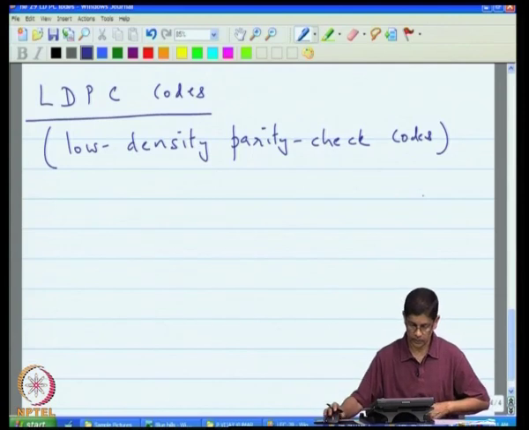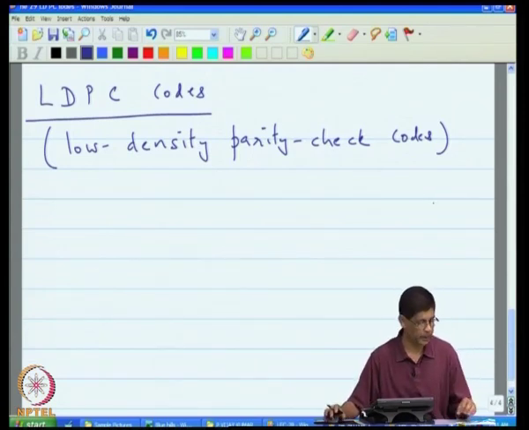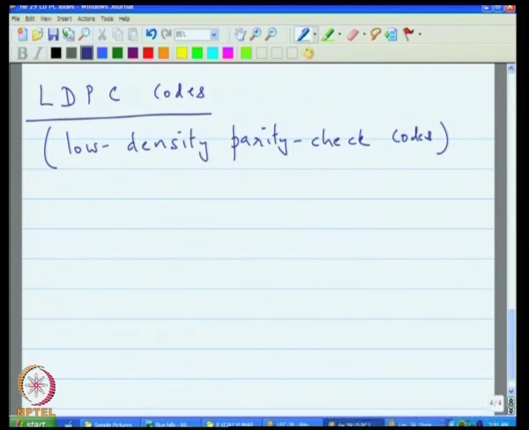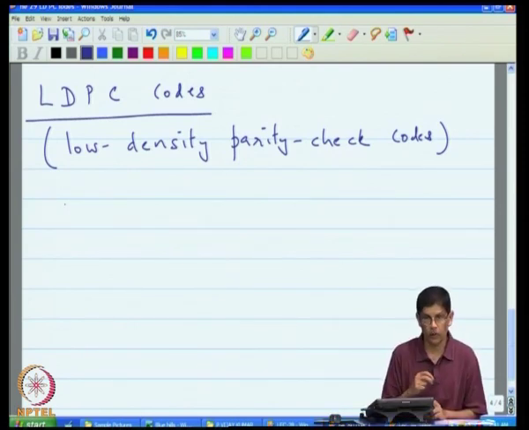Okay. So that leads to the question, what do you mean by low density? And so let me begin by trying to explain that. So these are block codes, and every block code has a parity check matrix.